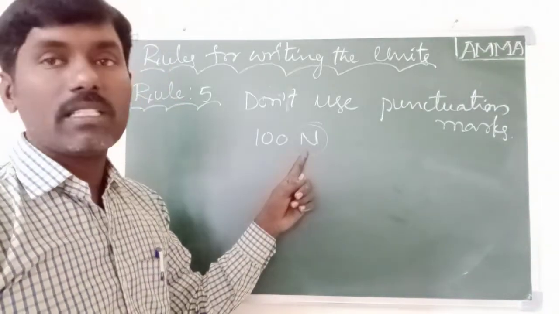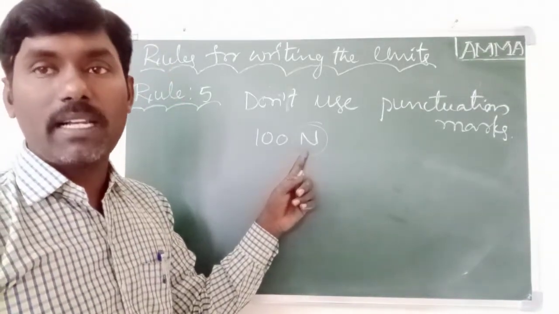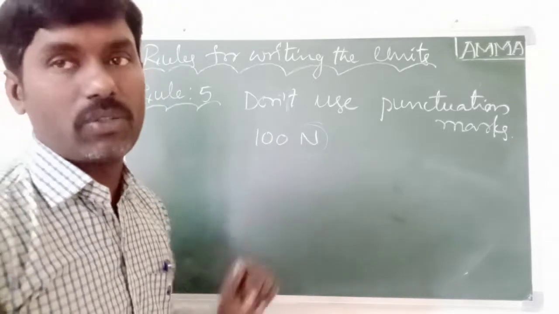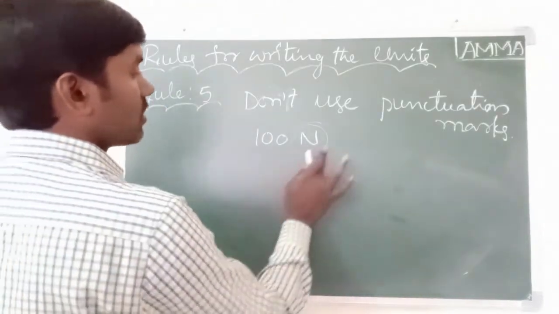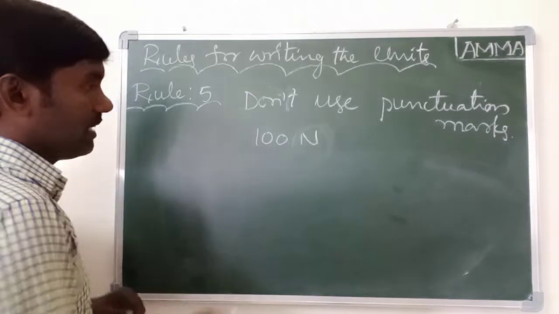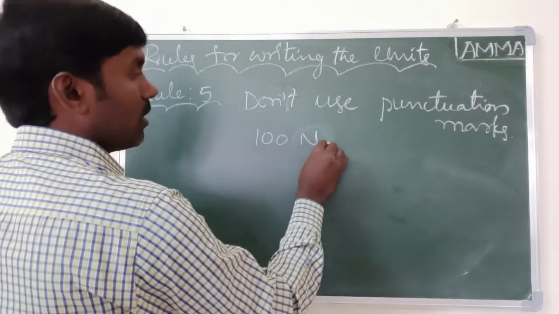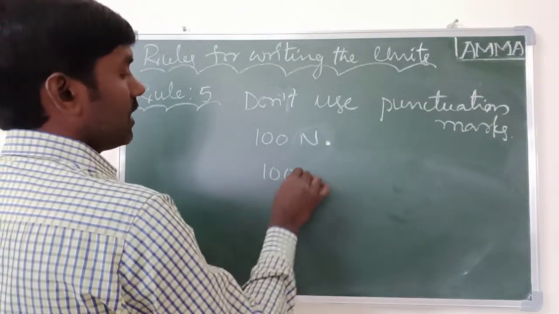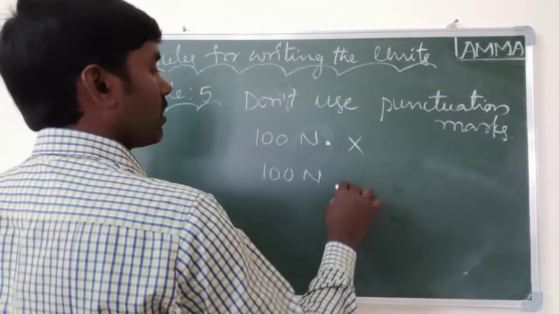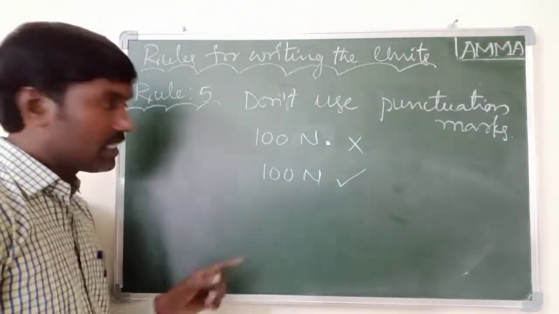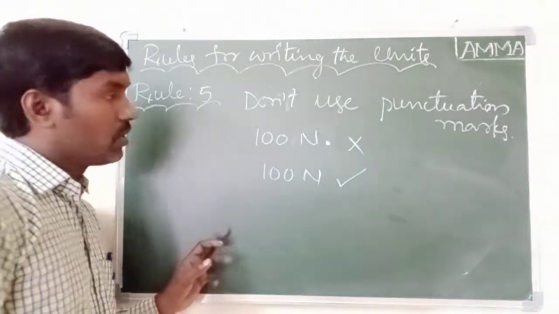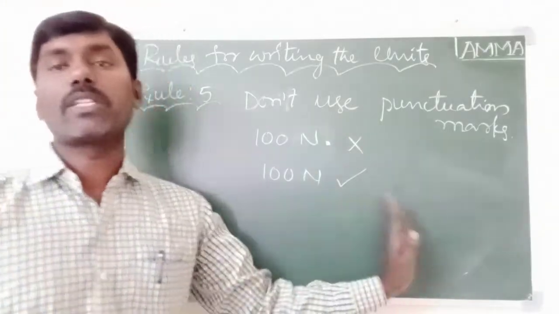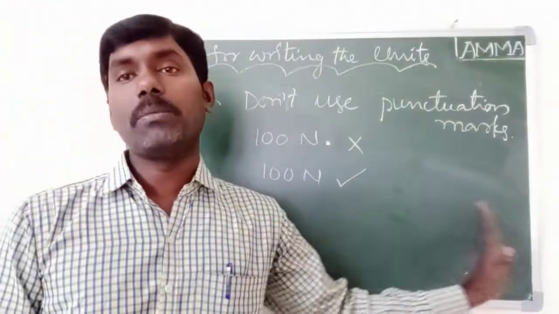Simply I represented it with a single capital letter. So in this case, don't put the full stop here, just 100 N. With a full stop is wrong, this is the correct ending. This is the 5th rule. Don't use any punctuation marks after you write the symbol of the unit.